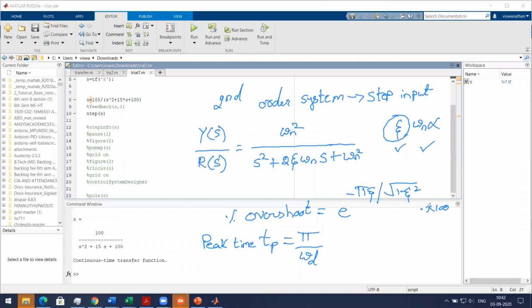So we gave some 3-4 parameters there. Instead of giving 3-4 parameters or more, you can define the whole thing with only two variables, that is zeta and omega n.